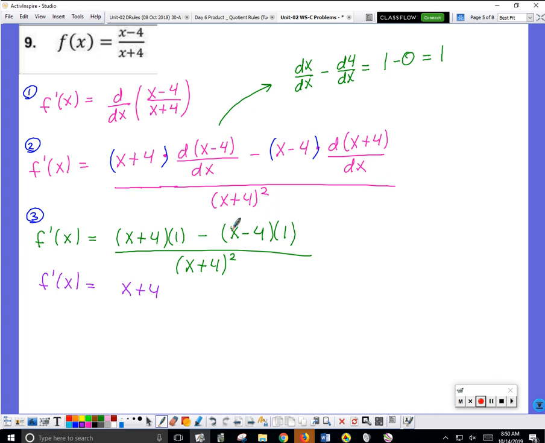Then distribute the negative. That's what I found to be safest. So I distribute the 1. Now I distribute the negative. Negative x, positive 4. You good? There you go.